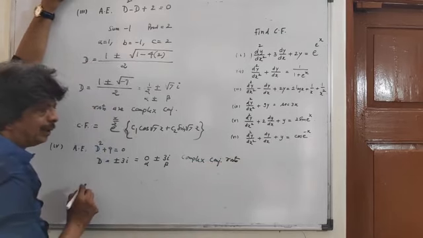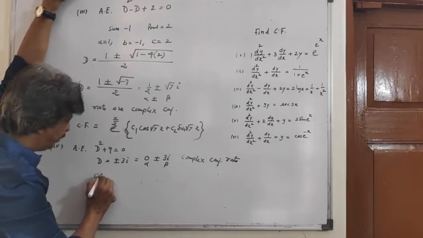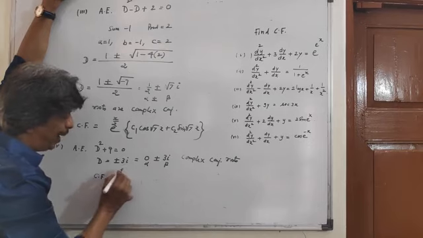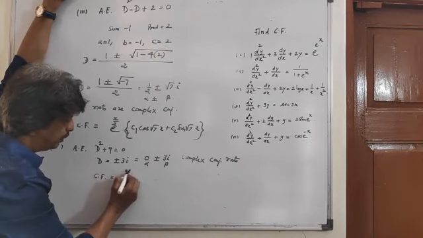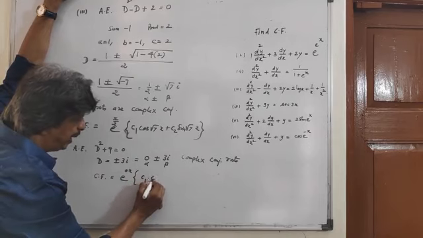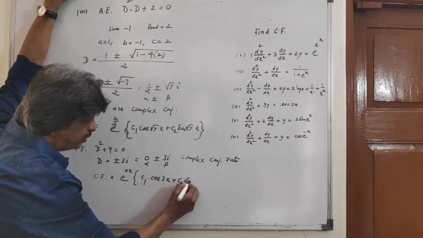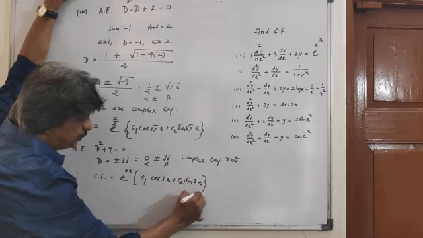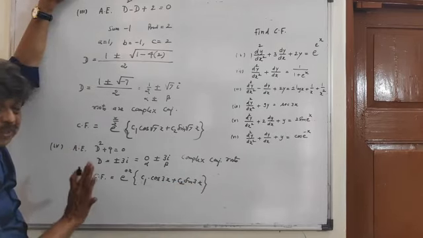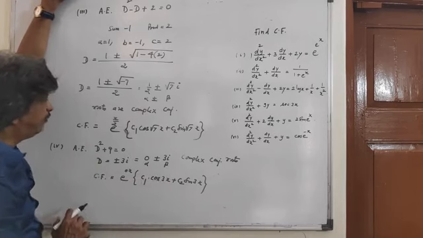So subject to these complex conjugate roots, the CF would be e to the power αx, that is 0x, into the bracket (C1 cos βx + C2 sin βx), that is cos 3x and sin 3x. e raised to power 0x is 1. So C1 cos 3x + C2 sin 3x is the CF.